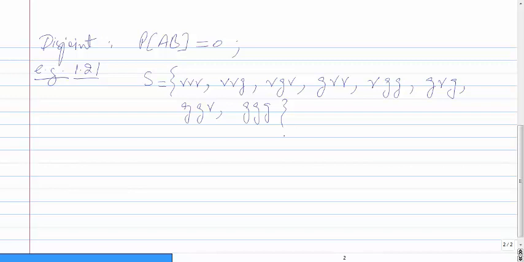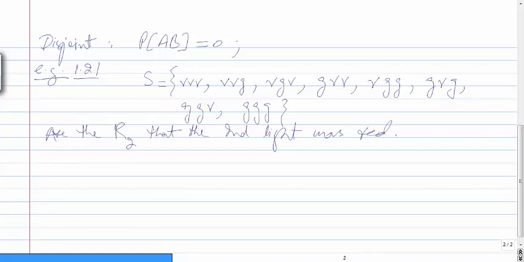Now this is my sample space of the problem. Question is that when we say R2, capital R2, it says that the second light was red.